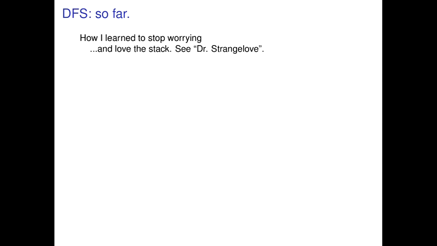Times change, I guess. So anyway, there's this notion of pre and post intervals for DFS. Pre is the first time you put the node on the stack, and post is the time when you pop the node off the stack. When I say put the node on the stack, what I mean is put the explore call on the recursion stack.